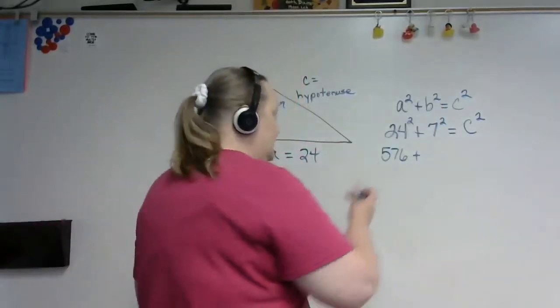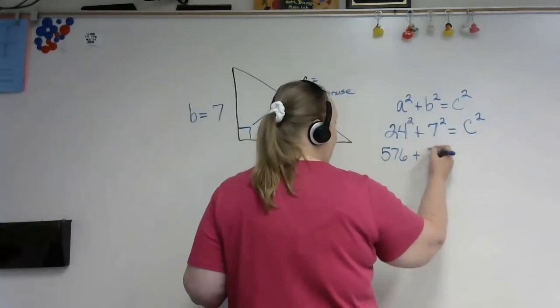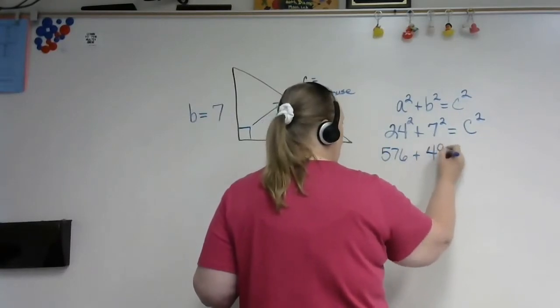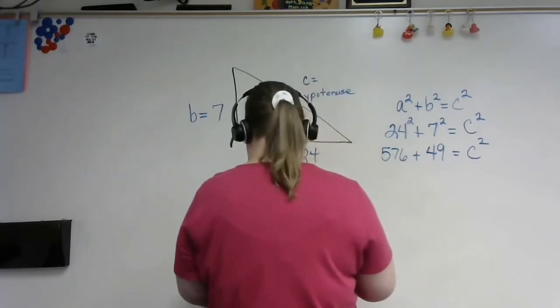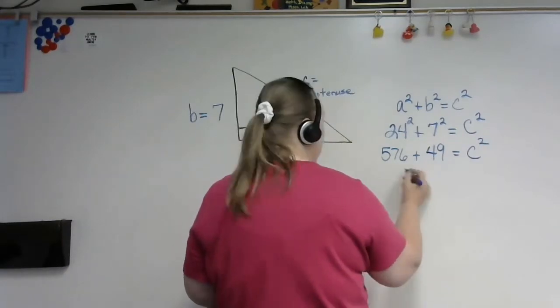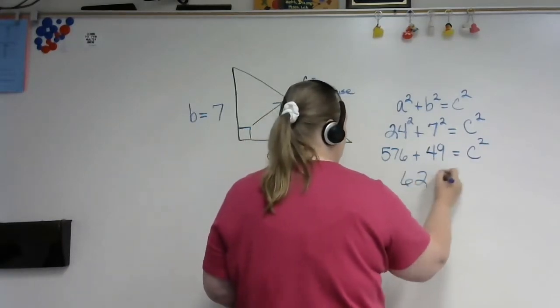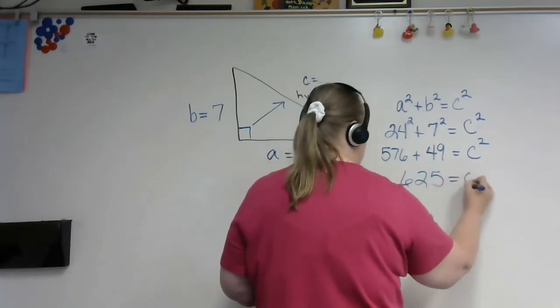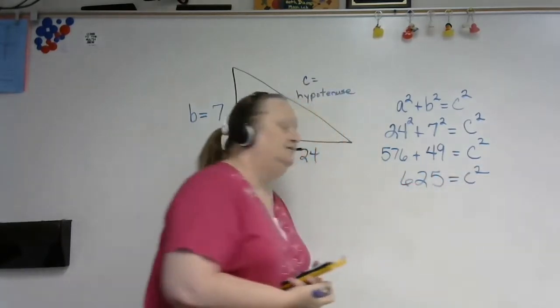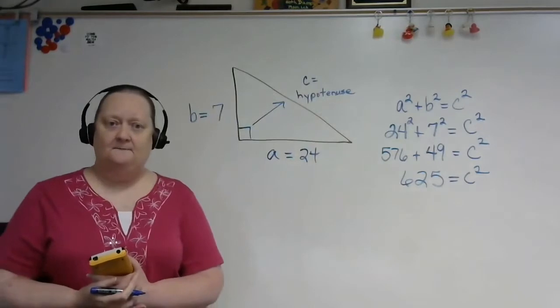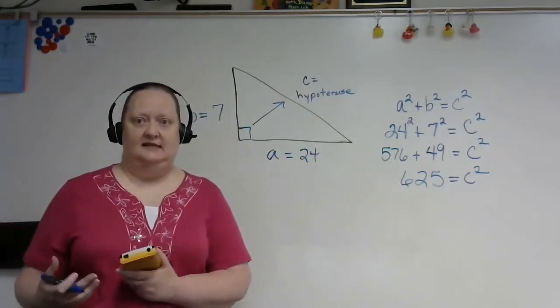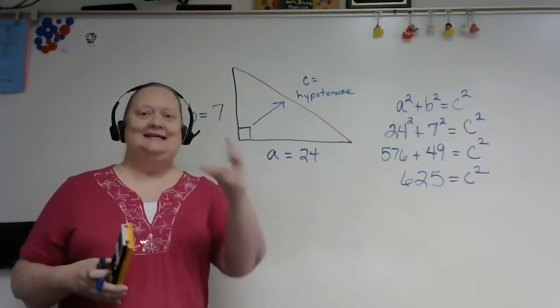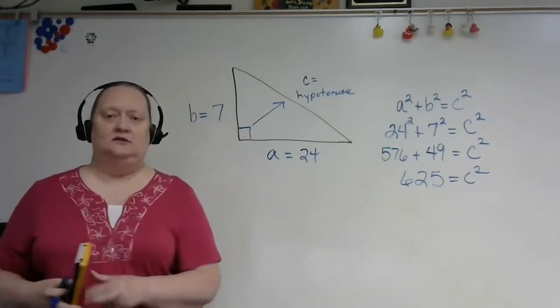You can do that the same with 7. 7 squared then would give you 49. And then add those two together. And that would give you 625. That gives you what C squared is. That gives you what C times C equals.